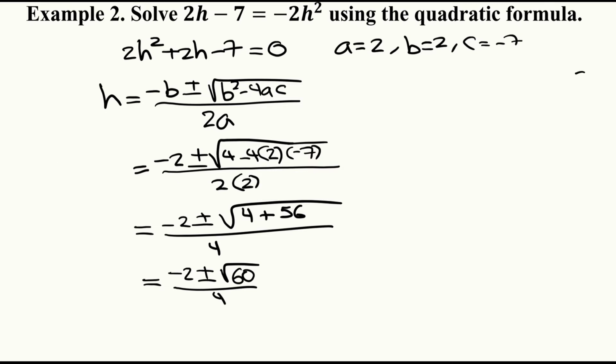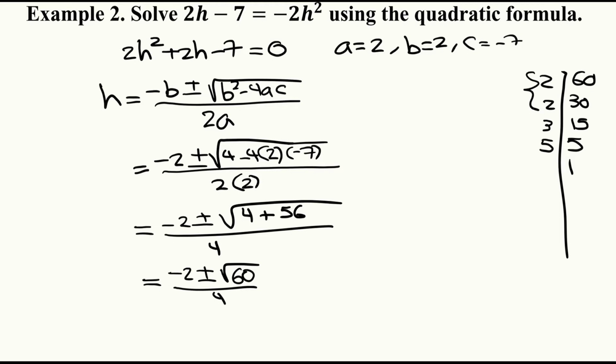If we look at the prime factorization of 60, we know that 2 goes into it 30 times, another 2 goes into it 15 times, then we move on to 3, which goes into it 5 times, and 5 will go into it once. So on the left here we have the prime factorization of 60, so we can see that there is a perfect square hidden inside it. So we go ahead and break the square root of 60 into 2 parts.